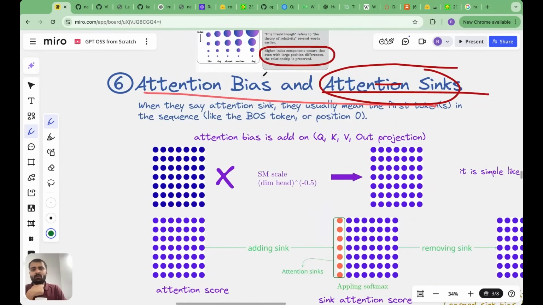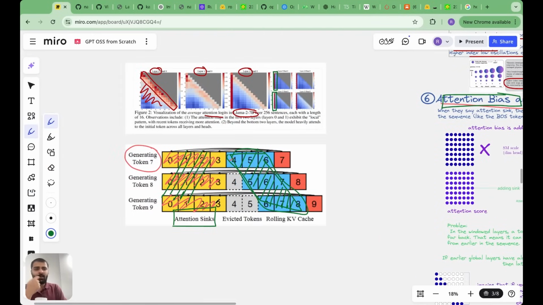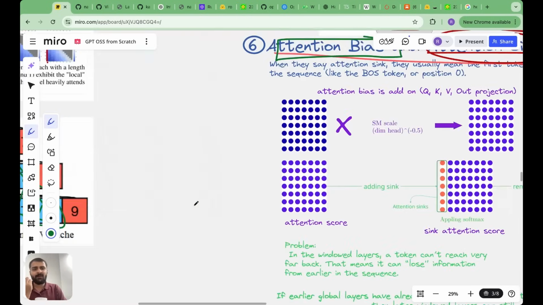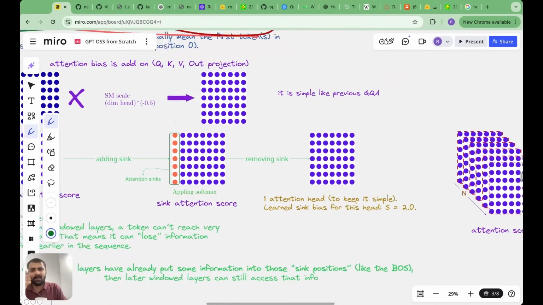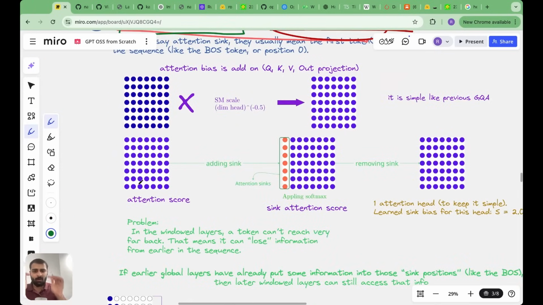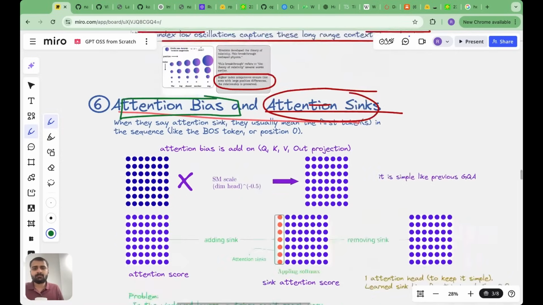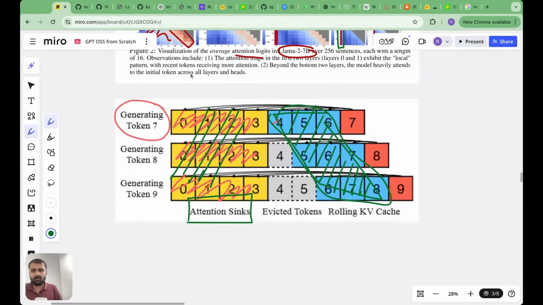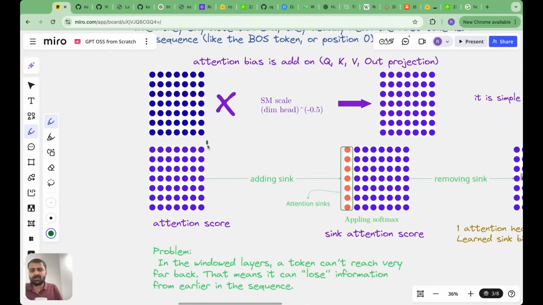Then you might be thinking, what is attention bias? Attention bias is what GPT-OSS has actually implemented. What it means is that they did not really have tokens which could be attended to. So instead, they directly operated at the level of the attention score matrices. So instead of having some tokens here and designating them as attention sinks, let's say we have these attention score matrices.